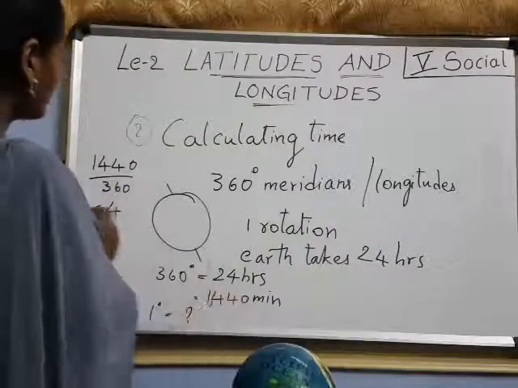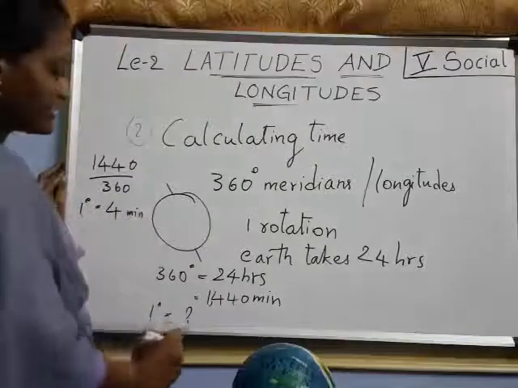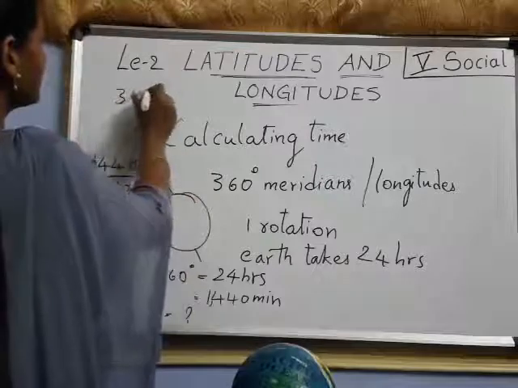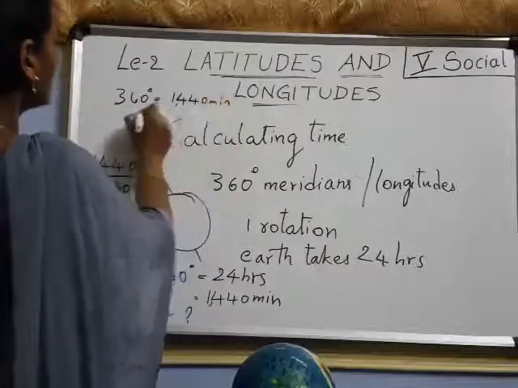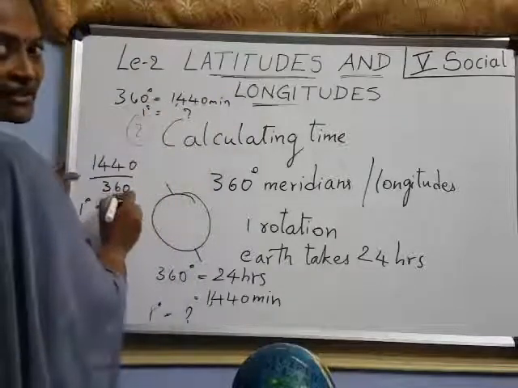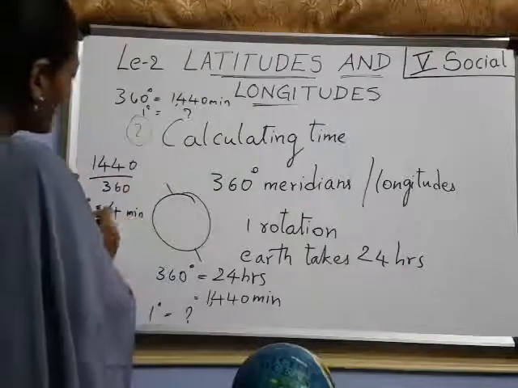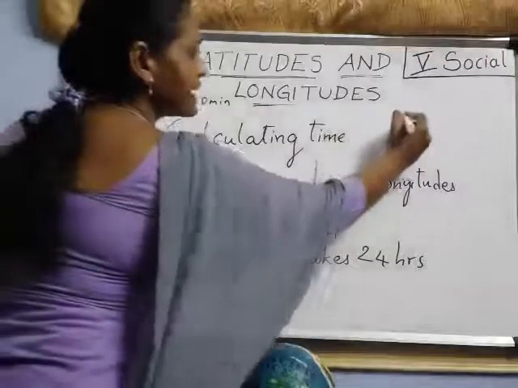For 1 degree, we took 4 minutes. Understood, children? For 360 degrees we took these many minutes. For 1 degree, how much? Then you can divide like this, isn't it? If you divide like this, you will get 4. That means for 1 degree, 1 degree means 1 longitude, right?